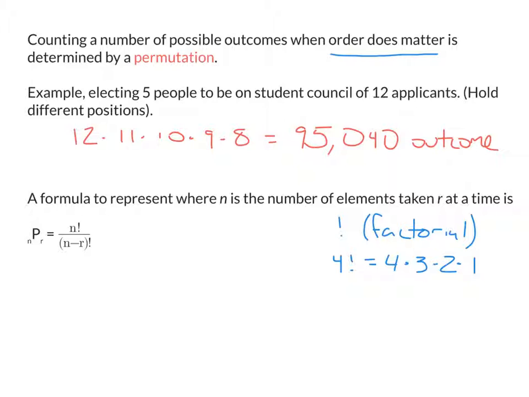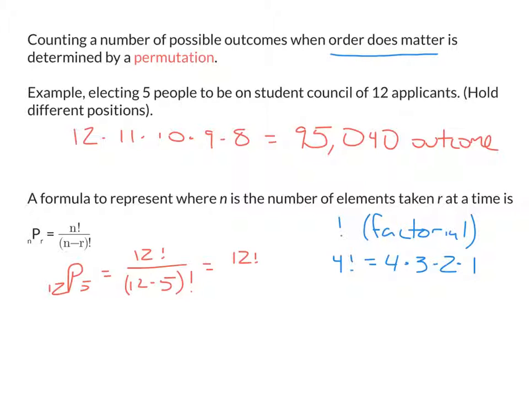So to apply this to my example from above, we have 12 elements, and because order matters, we use the permutation, and we're selecting 5 of those people. So we have 12 factorial over 12 minus 5 factorial.